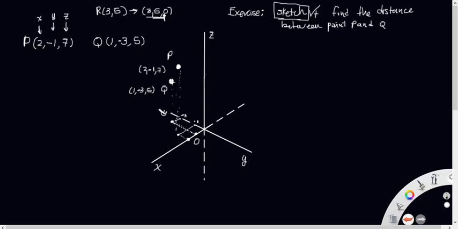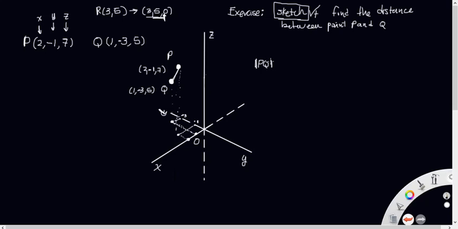Now the next step is to calculate the distance between P and Q. If you remember the formula for the distance, it is the one I am going to write here.